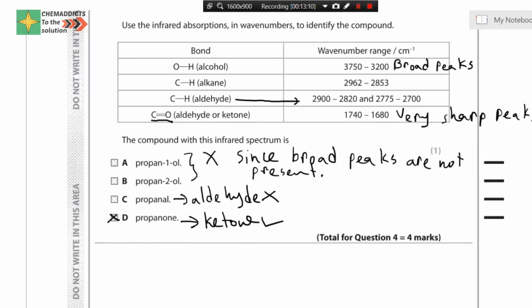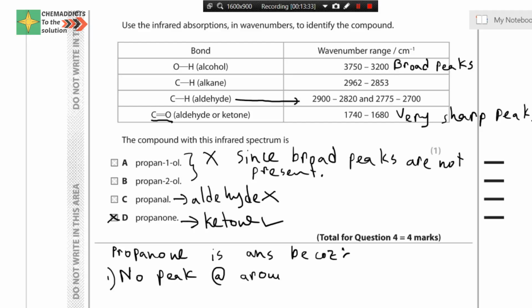Propanone is the answer because, the first point, there is no peak at around 2900 to 2700 for the CH bond for aldehyde.